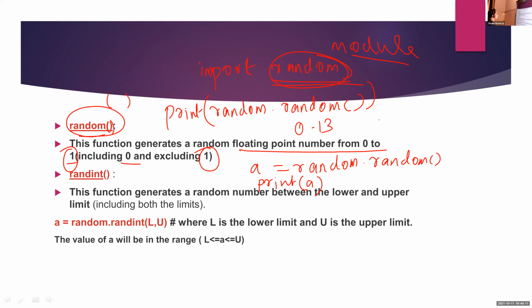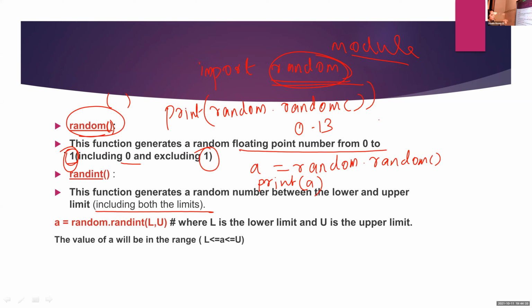So that is random. Then randint. This function generates a random number between the lower and upper limit, including both the limits, not like this one. Here 1 is excluded, but 0 is included.